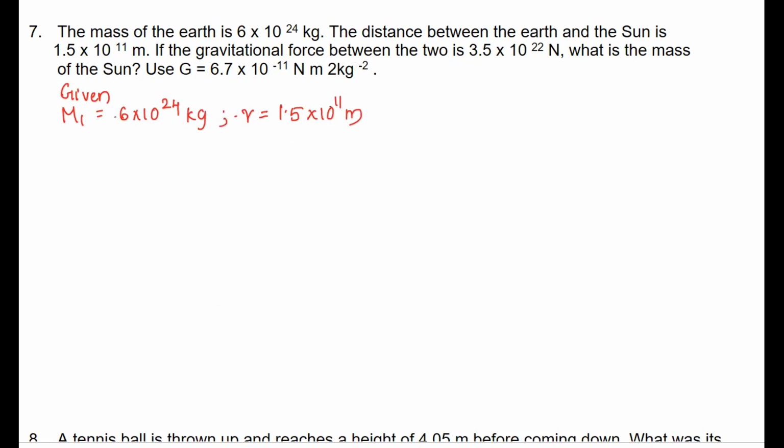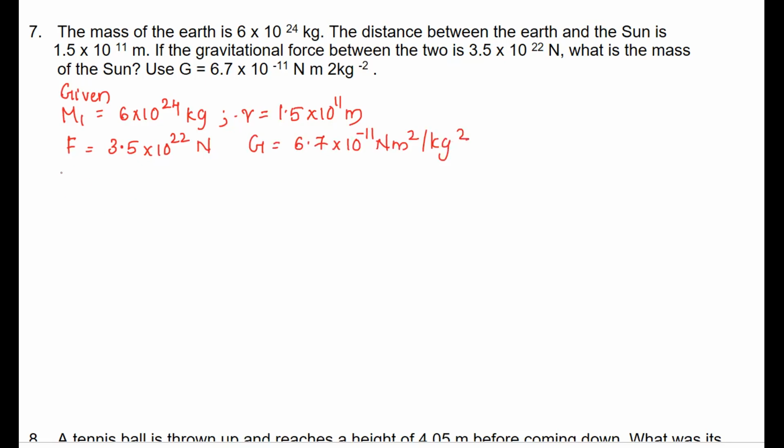M2 is not given. Gravitational force is given, that is F is equal to 3.5 into 10 raised to 22 Newton. Capital G value we know: 6.7 into 10 raised to minus 11 Newton meter square per kilogram square.